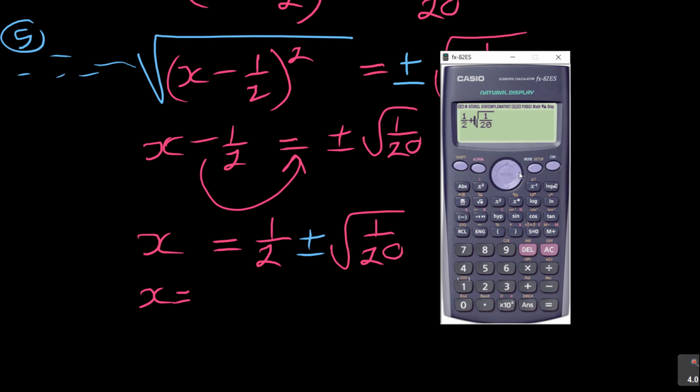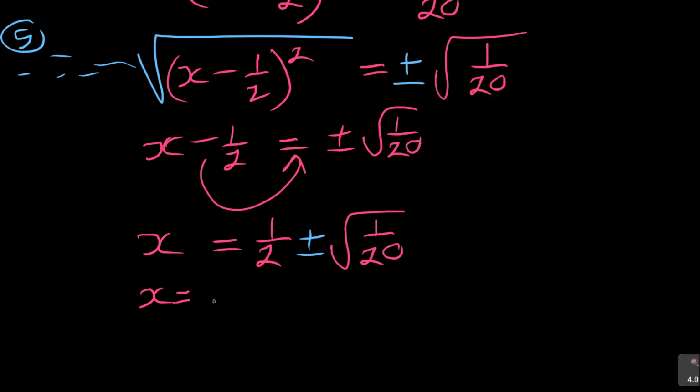The other one, with a minus, equal to 0. Let's round off to 2 decimal places. 0.28, 0.72, or x is equal to 0.28.